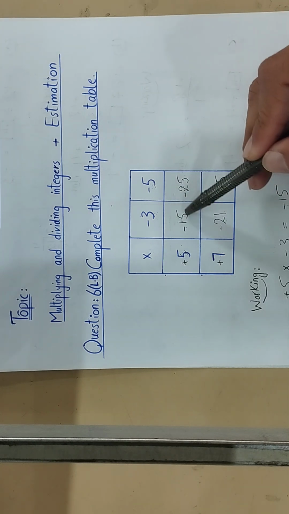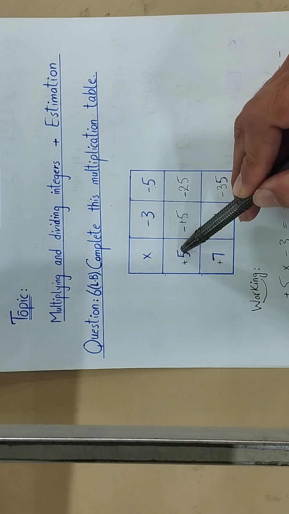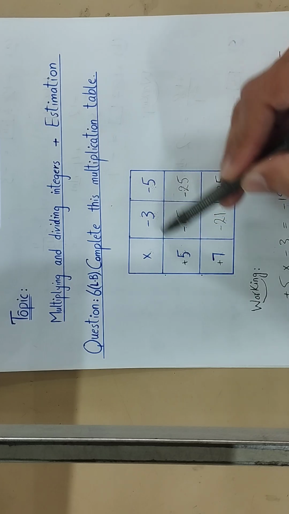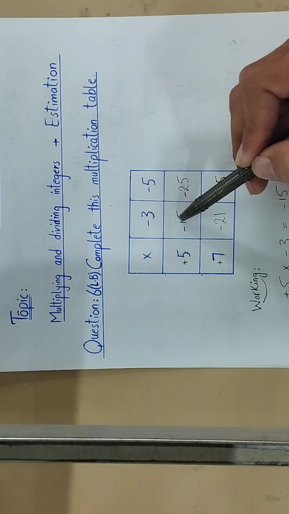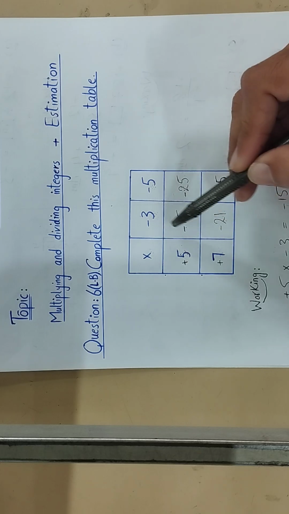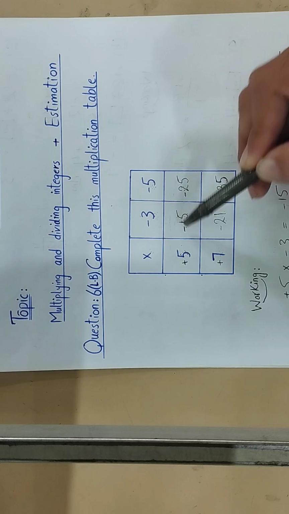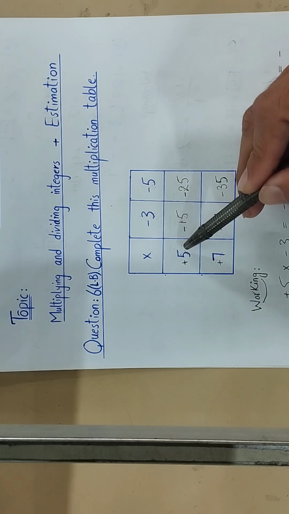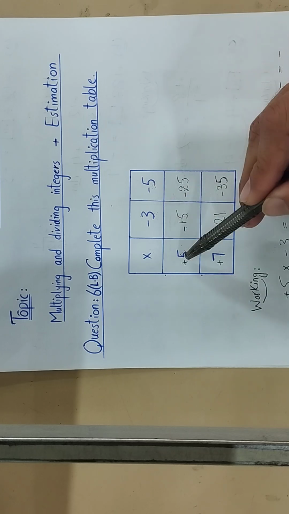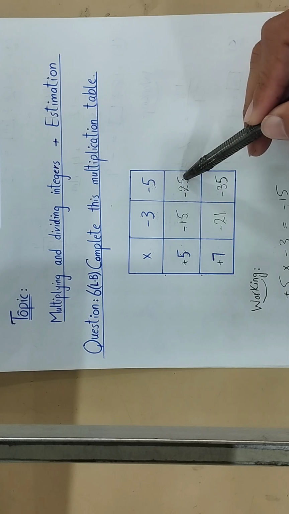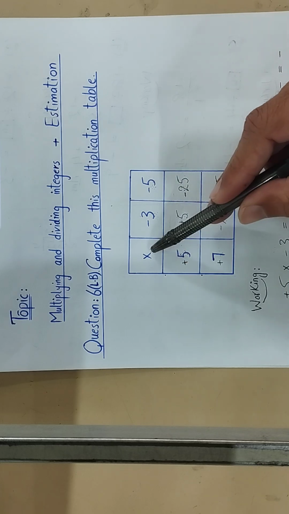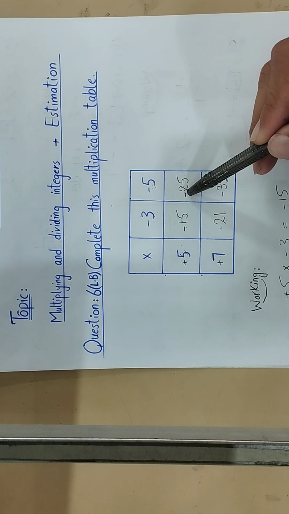To fill this missing number, multiply this number by this number. 5 multiply by 3. 5 3s are 15 and plus multiply by minus is minus. Now to fill this missing number, multiply these two numbers. 5 multiply by 5, 25. And plus multiply minus is minus.